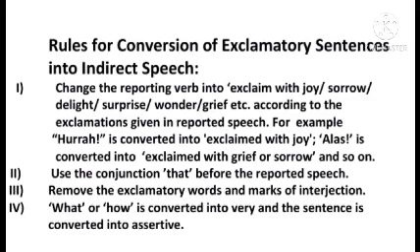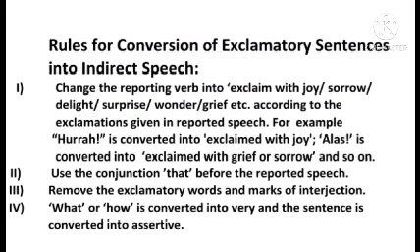Now let's see the rules for conversion of exclamatory sentences into indirect speech. The very first rule: change the reporting verb into exclaim with joy, sorrow, delight, surprise, wonder, grief, according to the exclamations given in the reported speech. Let's see the example. Hurrah! If hurrah is there, it will be converted into exclaim with joy.